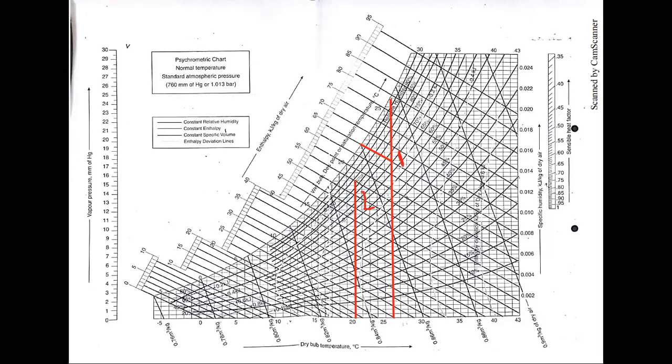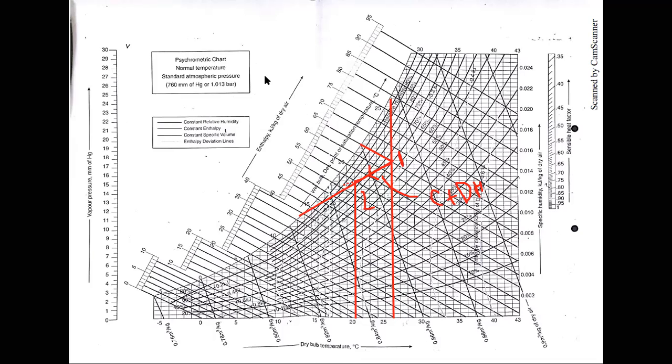Okay. Now join these 2 points. This is the line of cooling plus dehumidification, 1 to 2. And if you extend this line, you will get ADP.